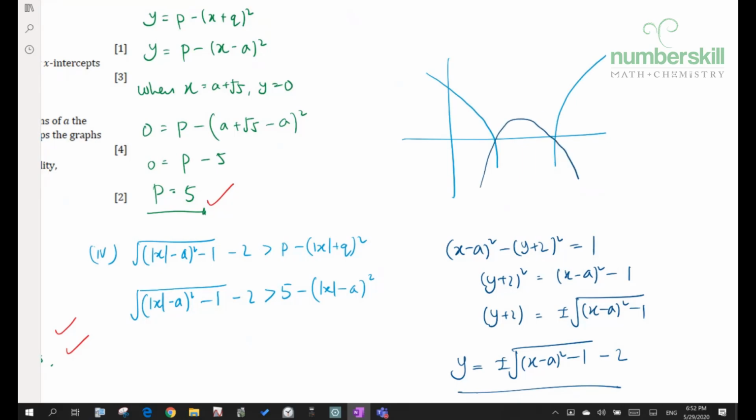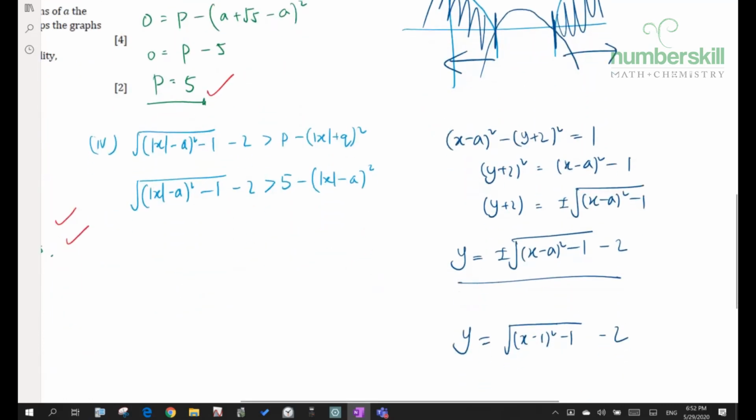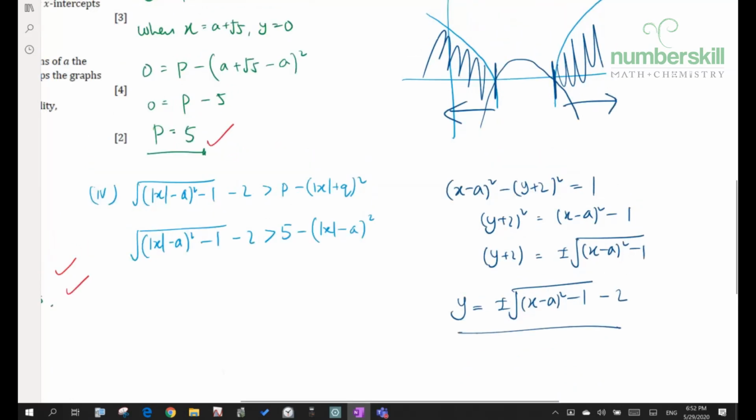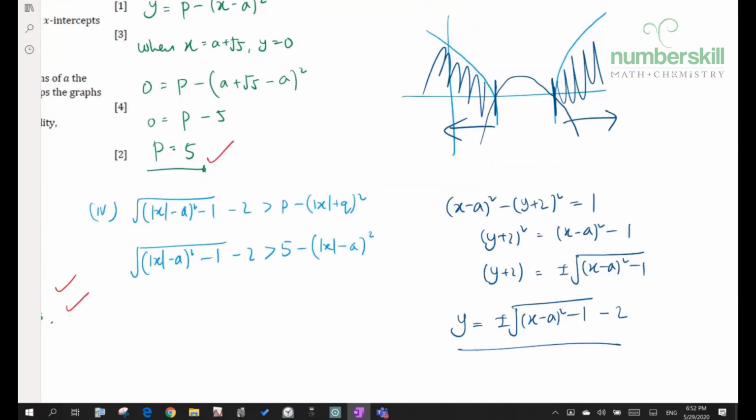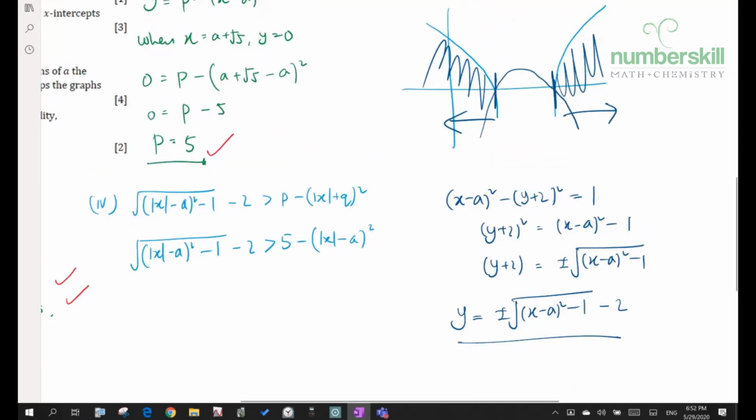What we're looking for is this and this. This is the part where we are looking for this range and this range, because we want the hyperbola to be more than the quadratic. Let me write it down properly in case you get a little bit confused by now.